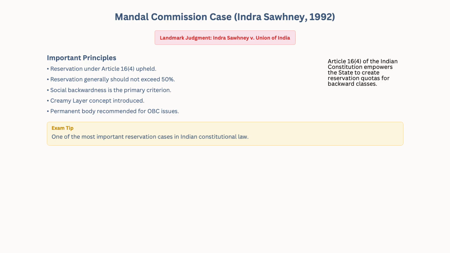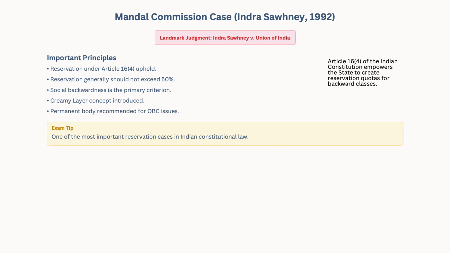Now, reservation for ST and SC, we have always had since the commencement of the Indian Constitution in 1950. But for OBC, other backward classes, it was recommended by the Mandal Commission, in the year 1979, which identified OBC as socially and educationally backward and recommended that they be given 27% reservation, and the Supreme Court accepted it.